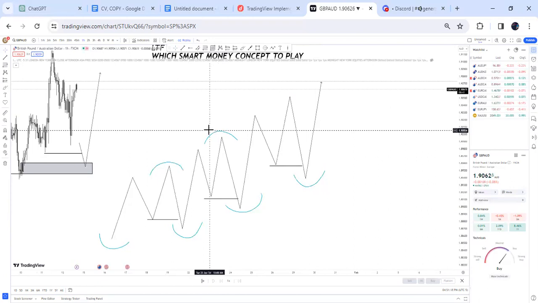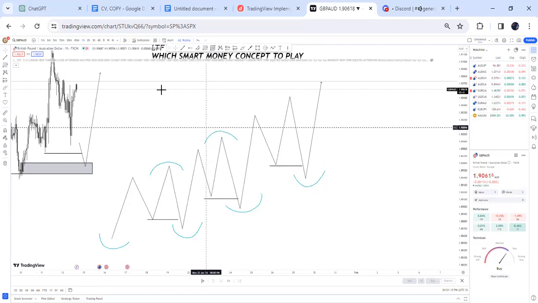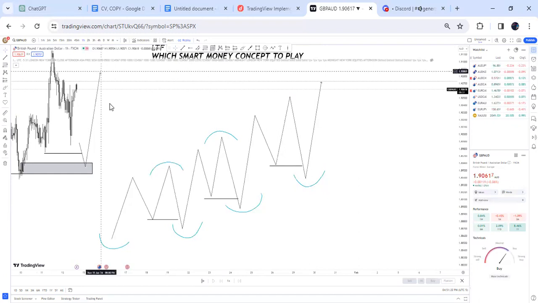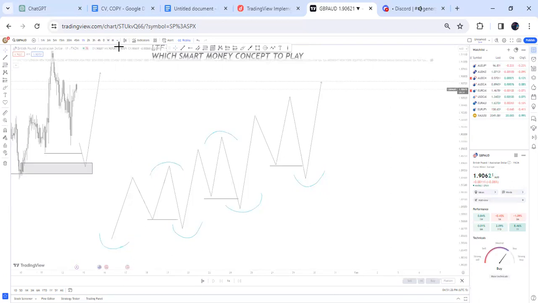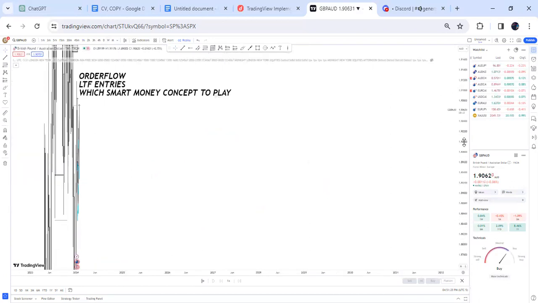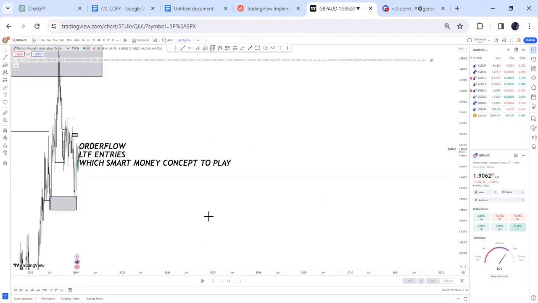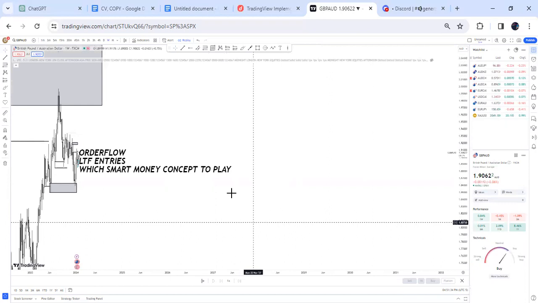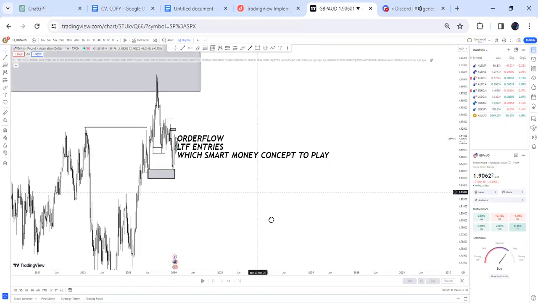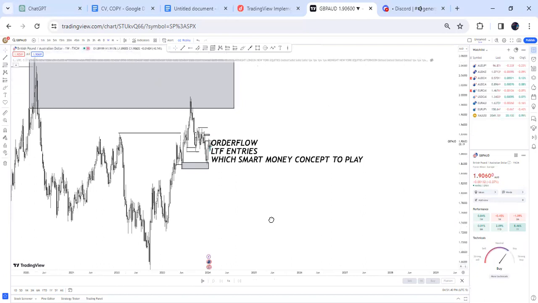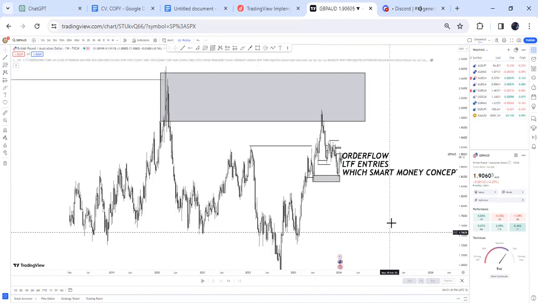What is the directional bias of the market? Where is price accumulating orders to? Is it to the upside or to the downside? Okay. So order flow is not something that is complex. It's just where are the orders accumulated towards? Is it accumulated towards the upside or to the downside?